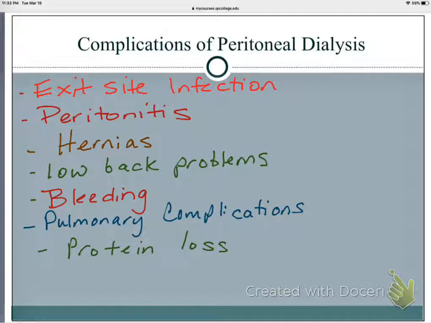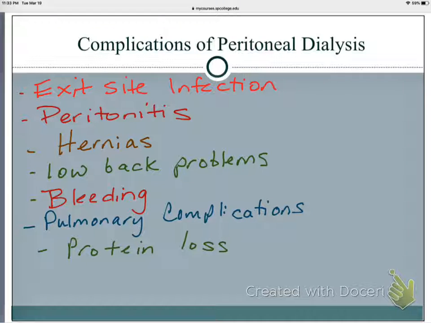We can give them orally, intravenously, or intraperitoneally. Again, we talked about repeated infections. They can cause the membranes to scar, and they may wind up having to go to hemodialysis because of it.